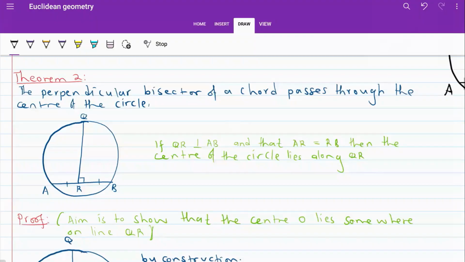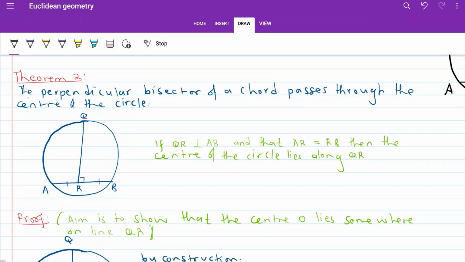So we go back. Theorem number two: the perpendicular bisector of a chord passes through the center of the circle.